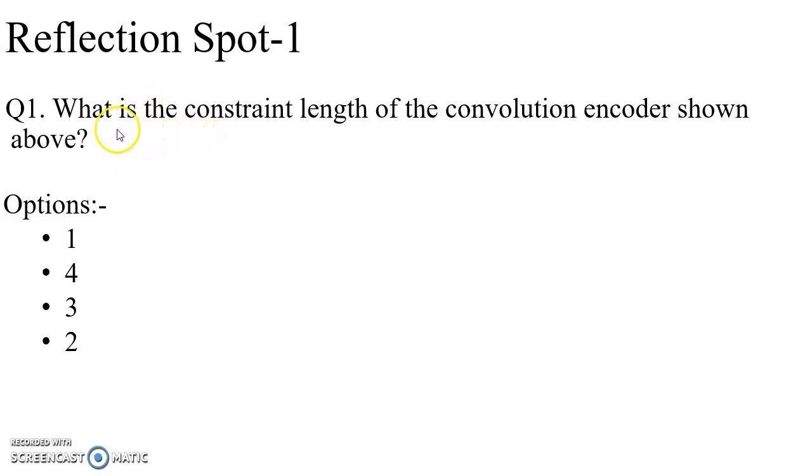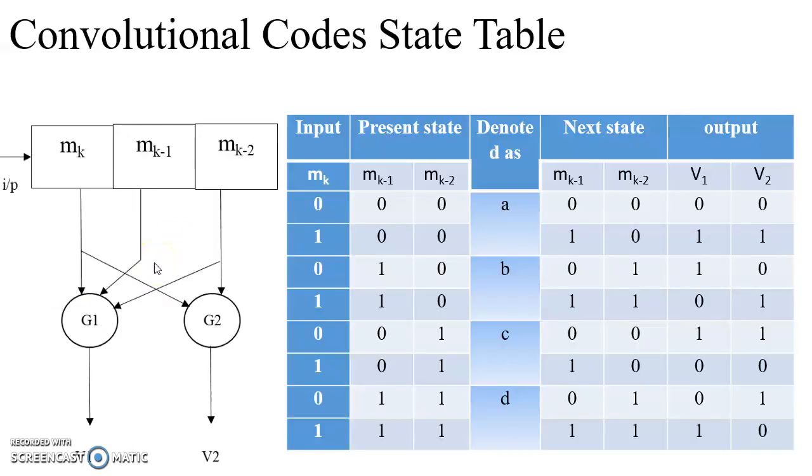The question is, what is the constraint length of the convolutional encoder shown above? The options are 1, 4, 3, 2. The constraint length, as we had discussed, is the number of shifts. It is equal to 3. I hope you got it.